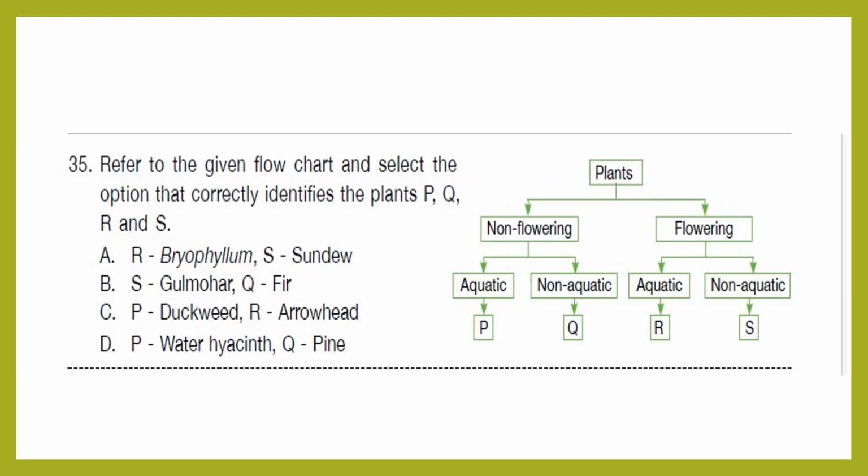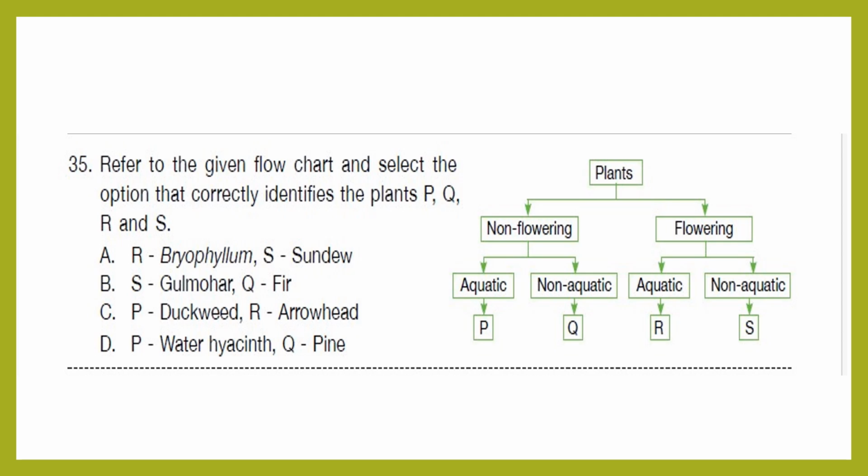Question number 35. Refer to the given flowchart and select the option that correctly identifies the plant P, Q, R and S. Here plants, flowering and non-flowering plants, aquatic, non-aquatic.